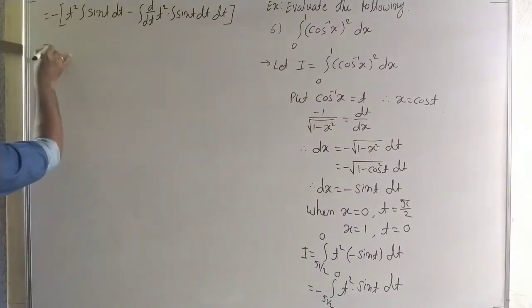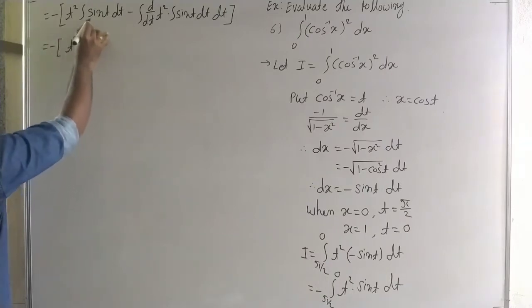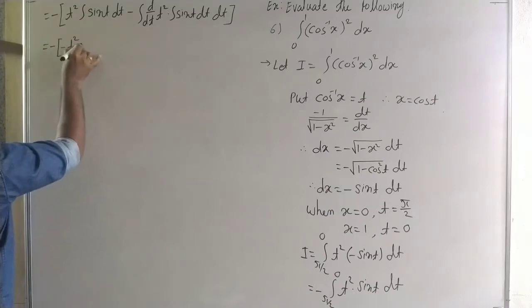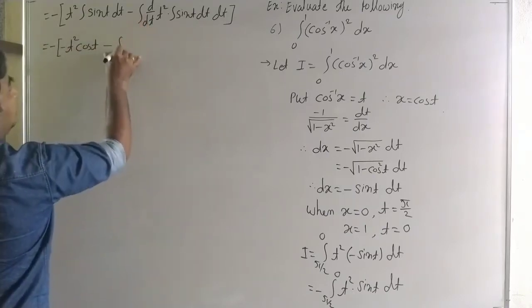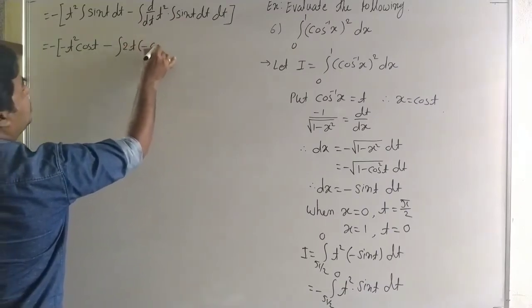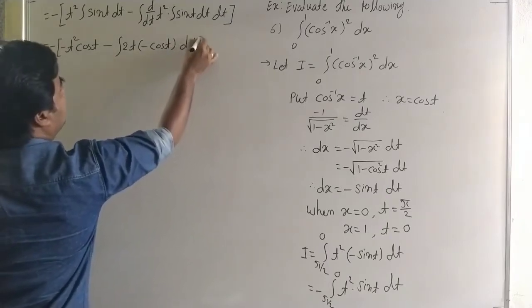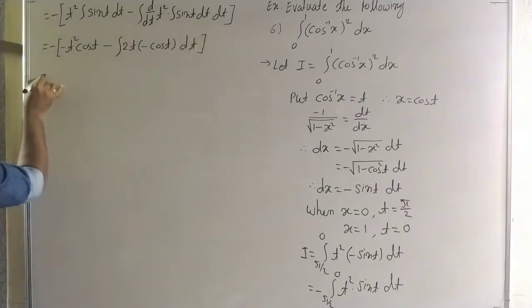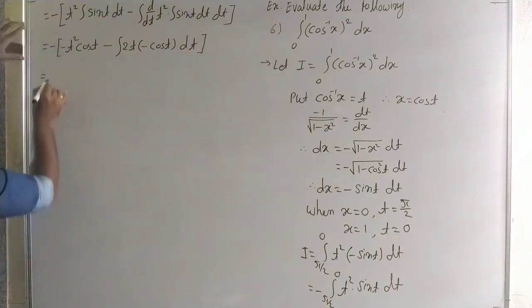Now minus, t square, integral of sin t is minus cos t, therefore it is minus cos t, minus again the integral of 2t into minus cos t dt.